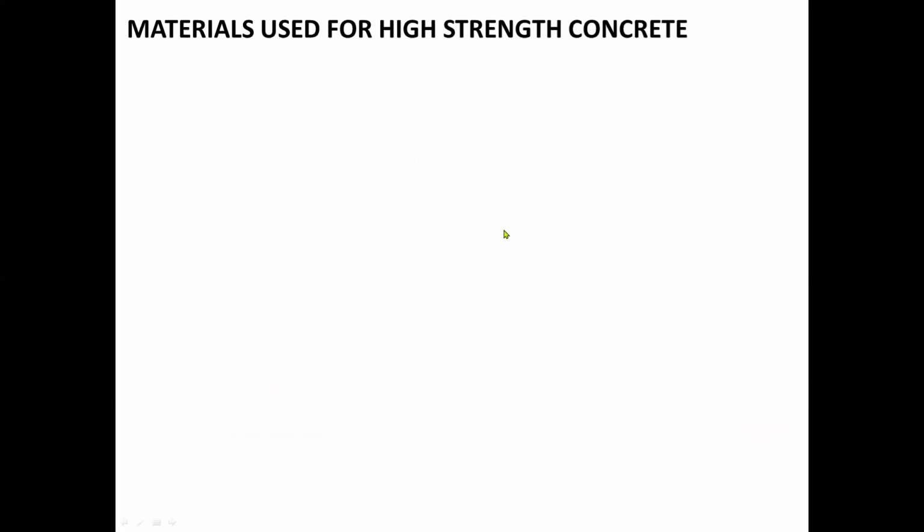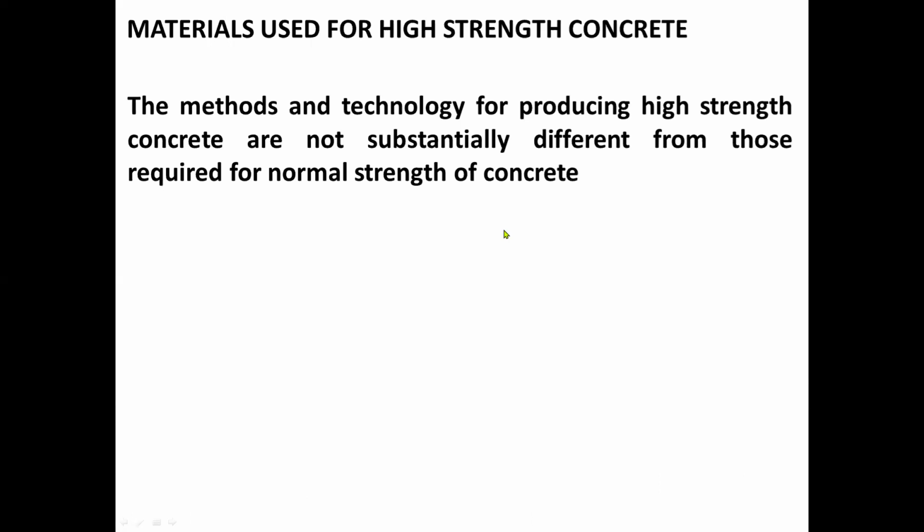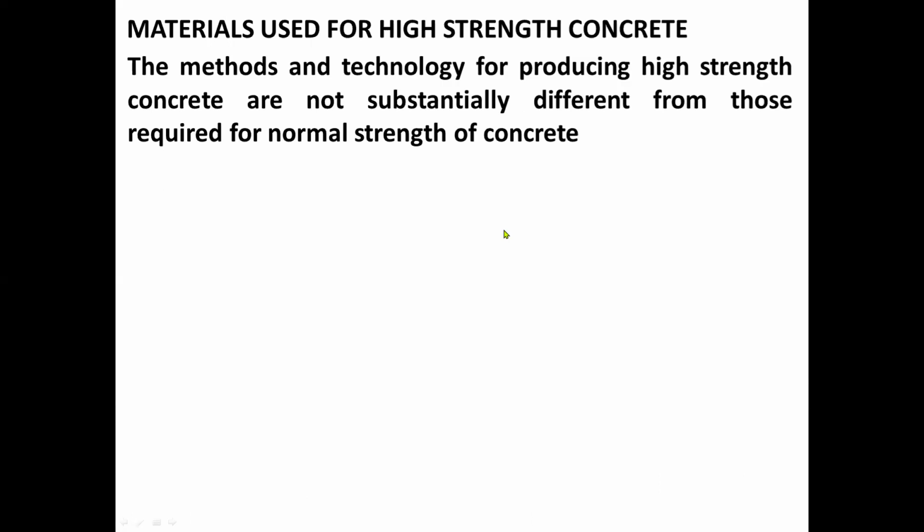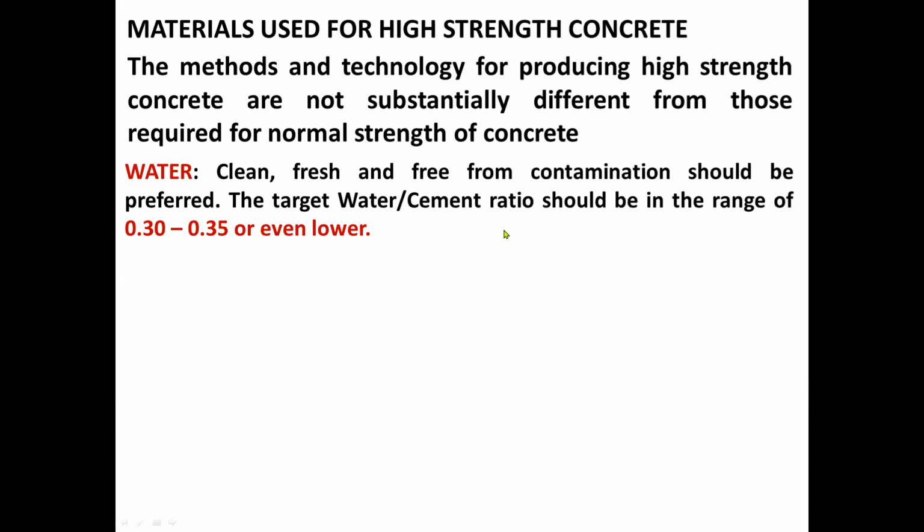Materials used for high-strength concrete. The methods and technology for producing high-strength concrete are not substantially different from those required for normal strength concrete. Kailangan ng tubig na malinis, sariwa, at walang contamination. Walang acid, free siya sa contamination.